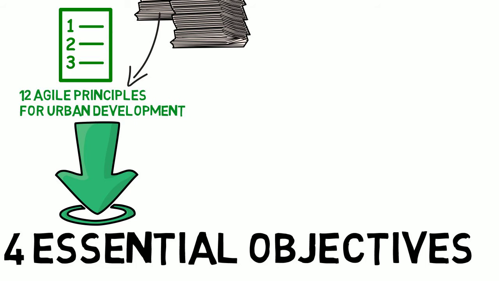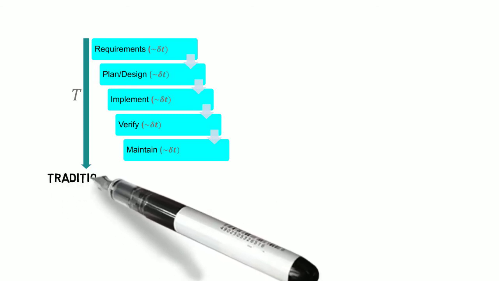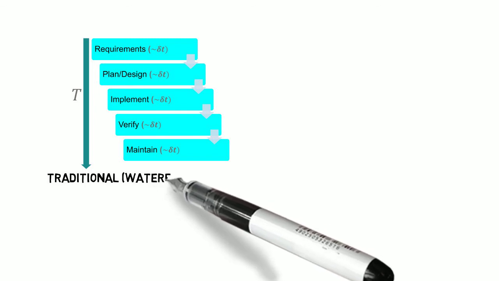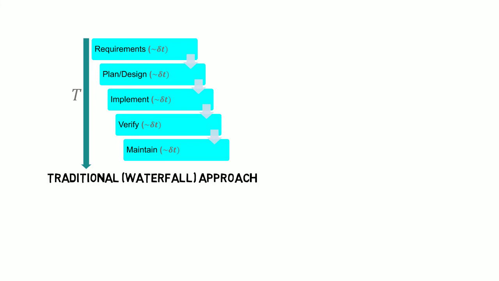Now, in the next part, I want to show only one aspect of this new agile idea of urban adaptation. That is transforming our adaptation process from a so-called traditional or waterfall approach, where we take quite a lot of time systematically addressing first the requirements, then the plan and design, then the implementation, then monitoring, and then maintenance.